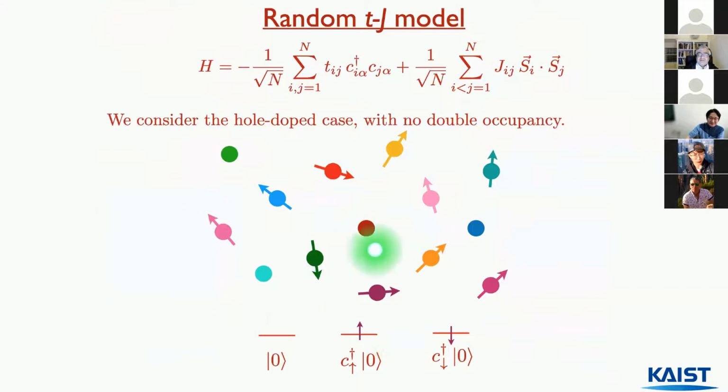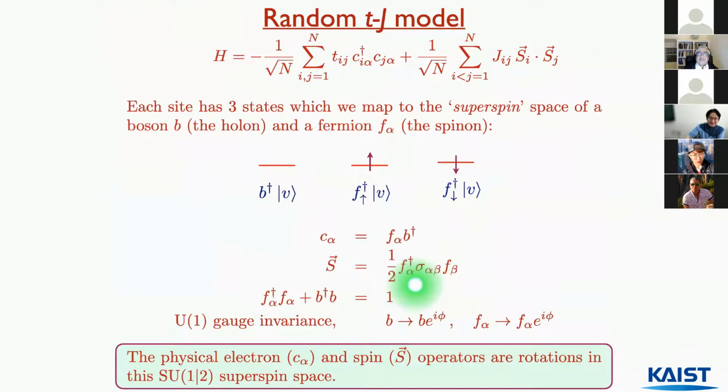Okay, so this is the random t-J model again, but we're going to now solve it by this parton method. We have three states: empty, up, and down.